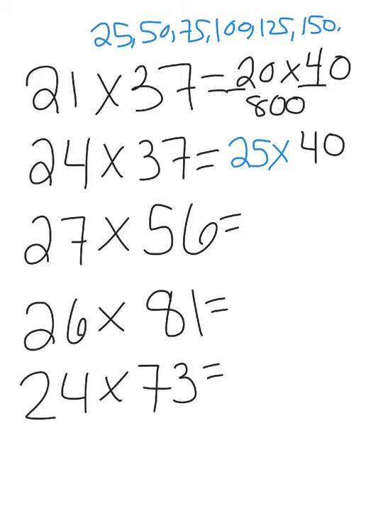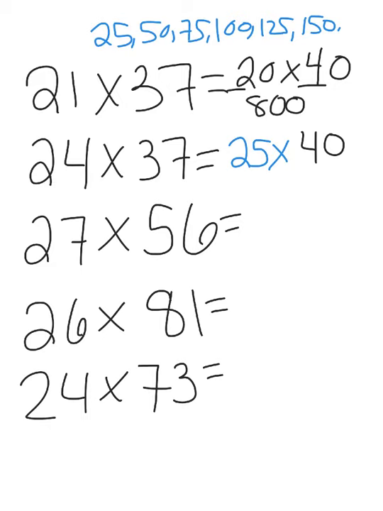Then the pattern just continues. So 5 quarters would be 125. 6 quarters would be 150. 7 would be 175. And 8 would be 200 or $2.